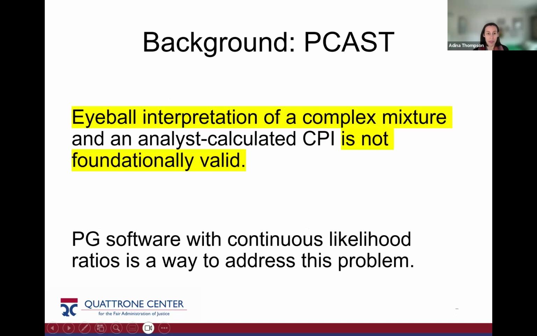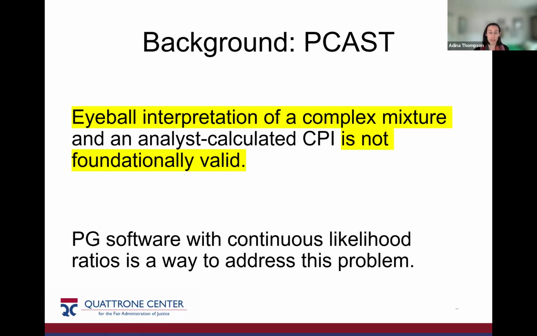PCAST found simply that eyeball interpretation of a complex mixture and an analyst calculated CPI, so this is not taking software into consideration, this is all hand calculation, this is not foundationally valid. It varies too much across people, we can't rely on it. What we know though is we have this new software to help us. We've all probably heard about probabilistic genotyping software.